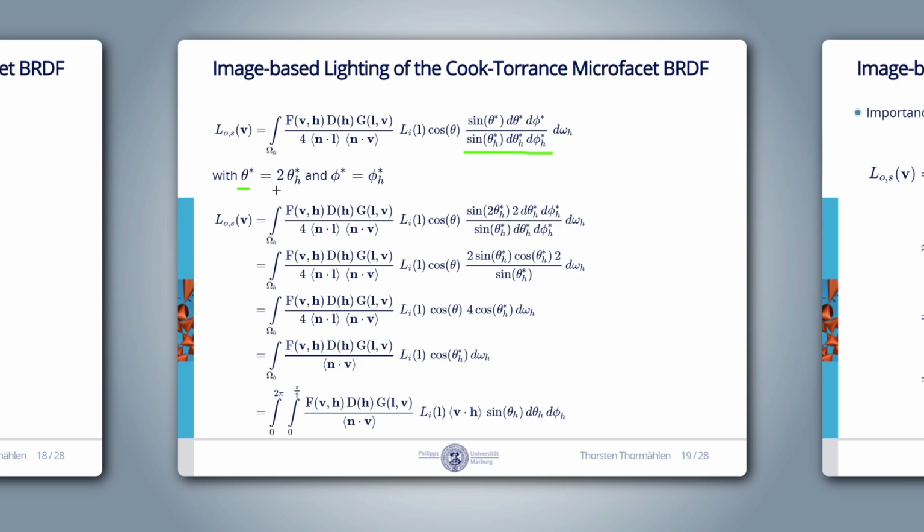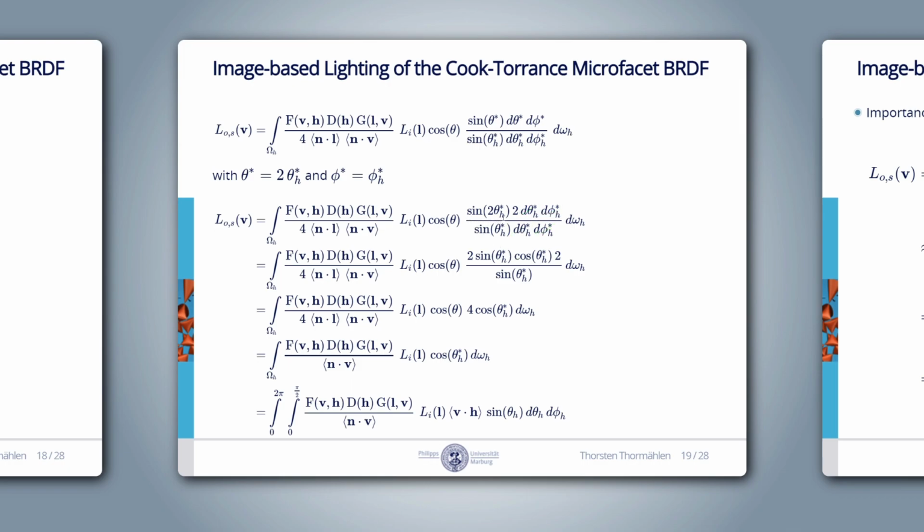Theta star equals 2 theta h star and phi star equals phi h star. We insert this result and get sine 2 theta h star 2 d theta h star d phi h star over sine theta h star d theta h star d phi h star. These terms cancel each other out.